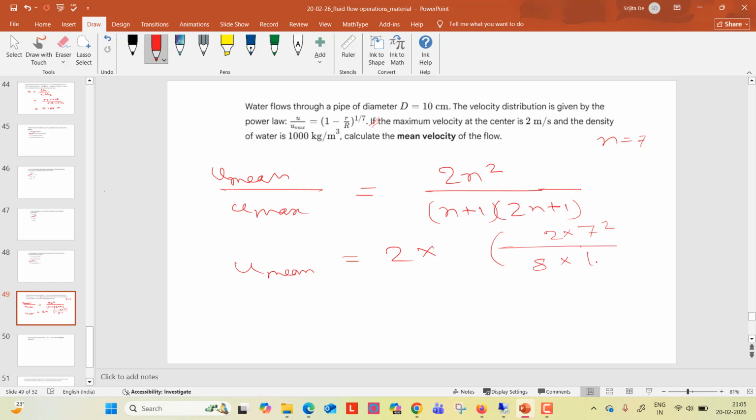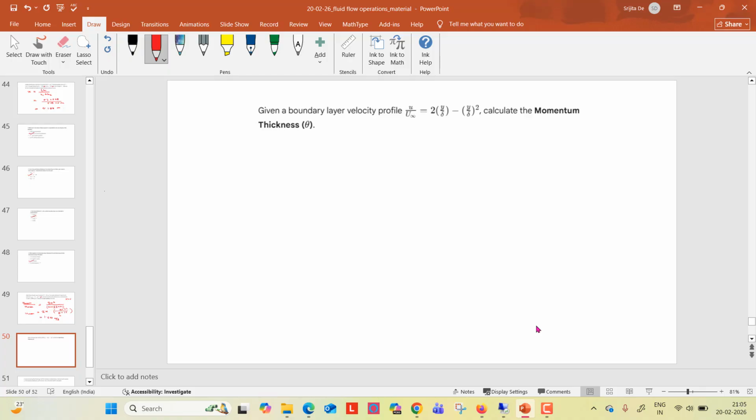So this is 2 into 7 square by 2 into 15, which is 49 by 30. It is coming as 1.633 meters per second. Next, given a boundary layer velocity profile, calculate the momentum thickness.